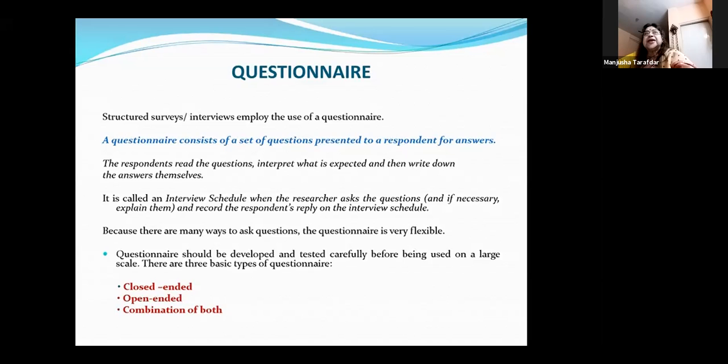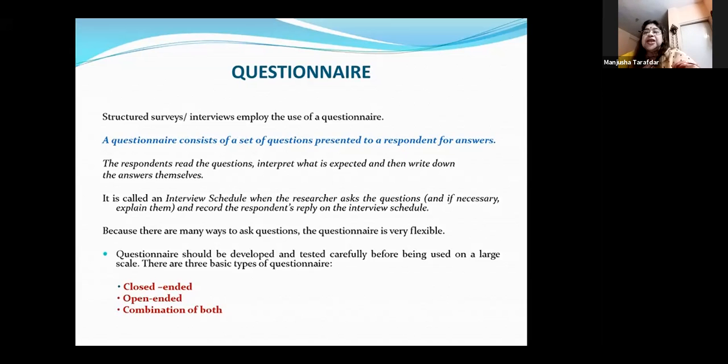If you want to collect data from the families of the sample groups, then you have to prepare your family data blank. And other standardized tests are there. If it is required, you have to go for all these types of psychological tests, socioeconomic scales and others.